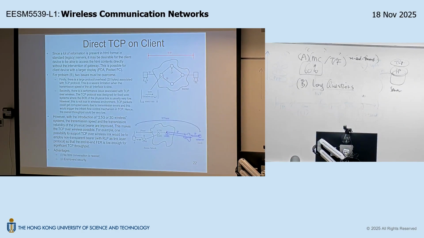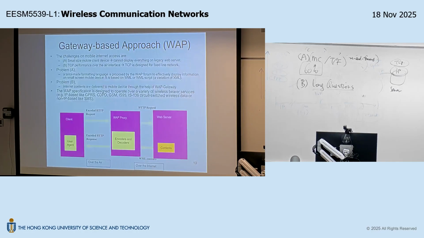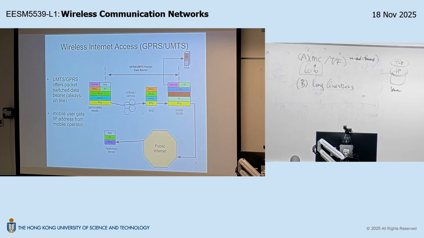If you terminate TCP directly on the client device without providing a resolution for the transmission error, you will have systematically falsely triggered congestion control. So that would be the 2G network. But when we introduce 2.5G or 3G systems, due to this full stack arrangement, you will no longer have this issue because you can terminate TCP.